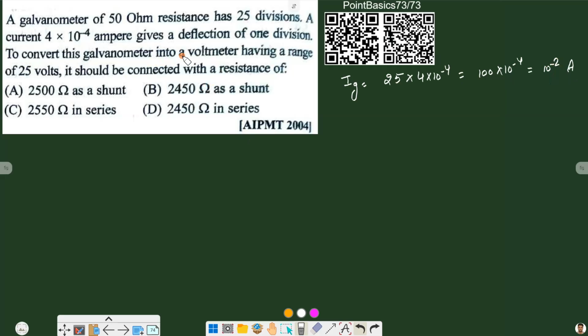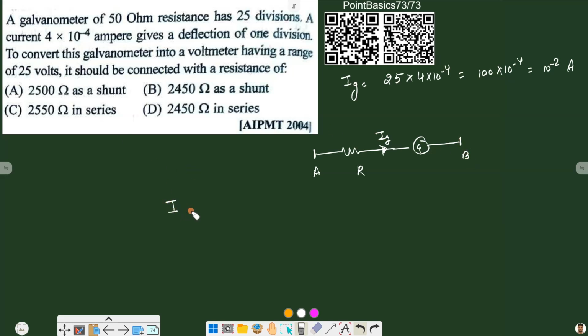To convert this galvanometer to a voltmeter having a range of 25 volt, it should be connected to a resistance. Again, it is a voltmeter, so the resistance will be connected in series, and we have two options for series, C and D. Let's find out. Suppose we connect resistance R in series with the galvanometer. Current here is Ig, and the potential between points A and B is 25 volts.